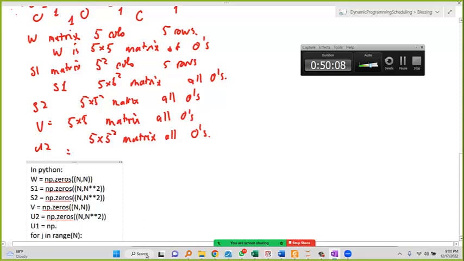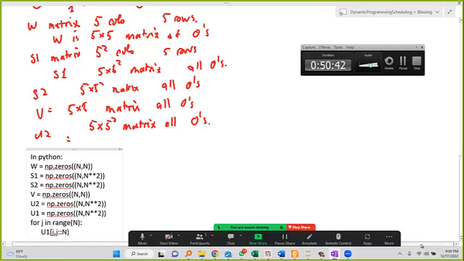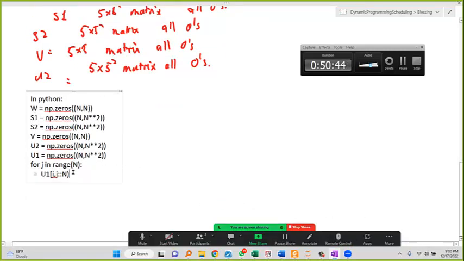So U1, I start with zeros, then add ones. U1 at J, starting from the first index to the end, with increment n, is going to be equal to 1.